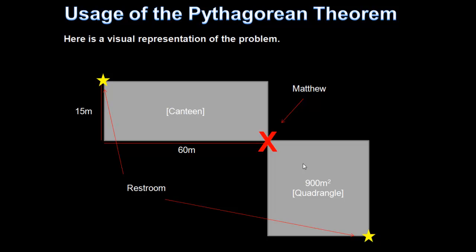So, first thing we do is to make a visual representation of the problem because just looking at the word problem could be kind of daunting. So, we make a visual representation based on the given facts. Here we have Matthew represented by the X and the restrooms represented by the stars.